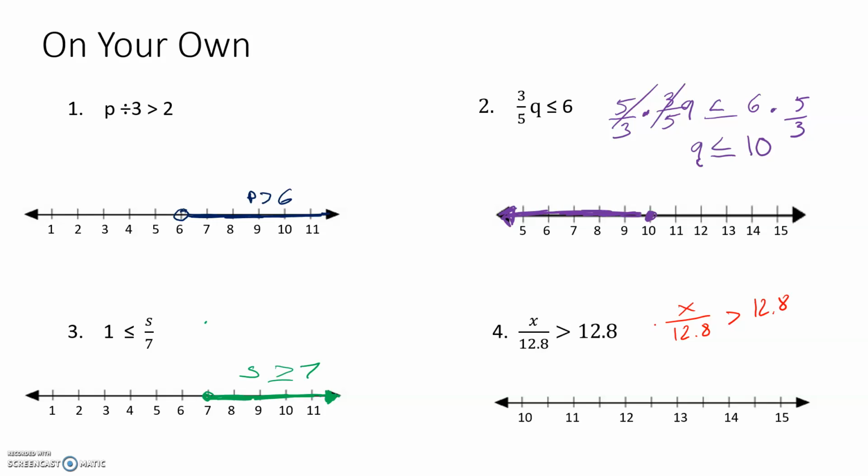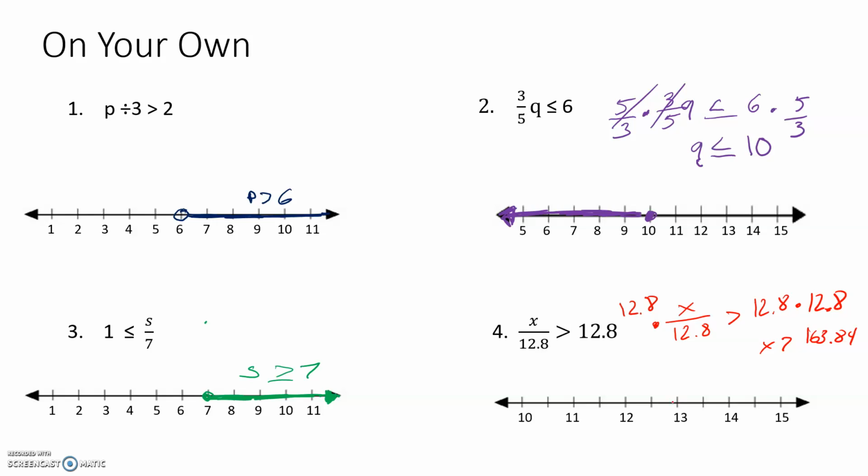So I'm going to multiply both sides by 12 and 8/10, and I get x is greater than 163 and 8400.